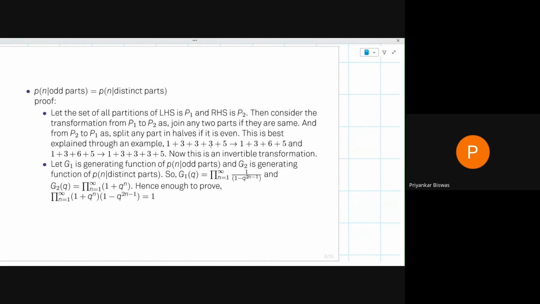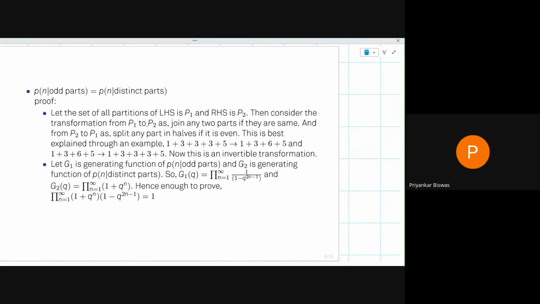And the reverse transformation is, if any part is even, then we have to break it into two equal parts, and if it is still not odd, then break those parts also. In this way the transformation goes on. So now this is an invertible transformation from the set of all partitions into odd parts to the set of all partitions into distinct parts. So this shows the equality.